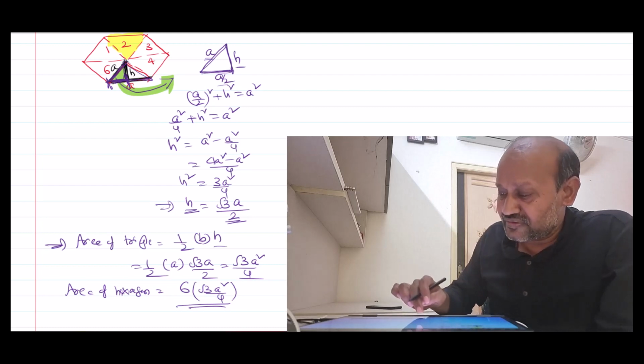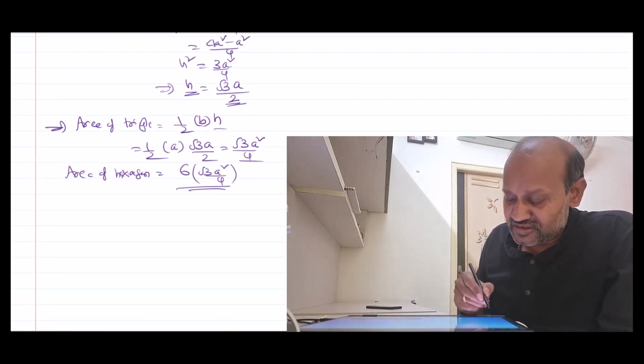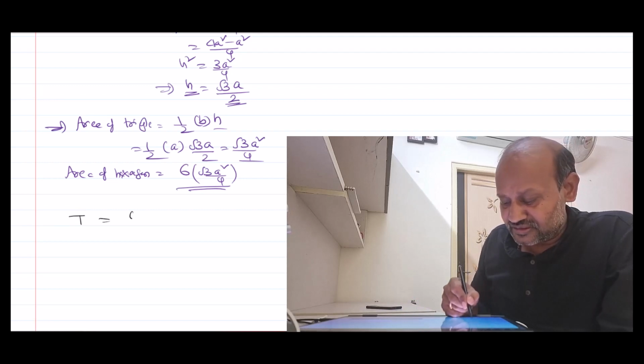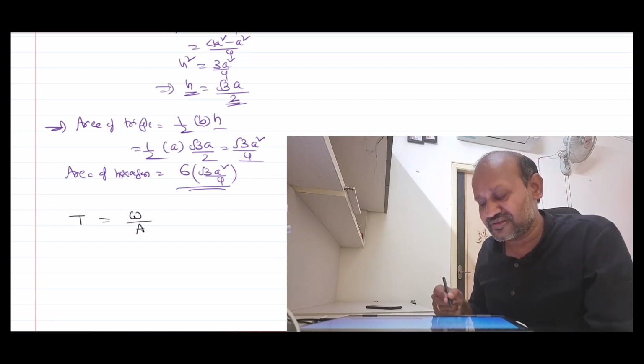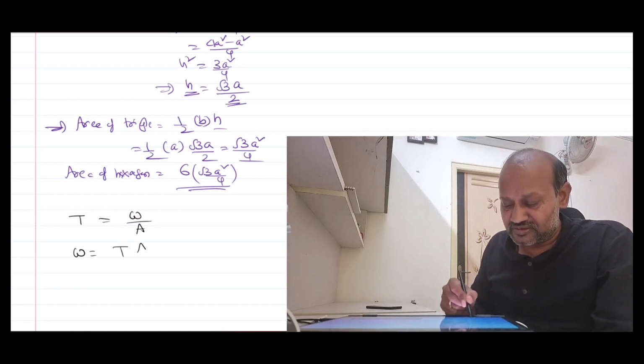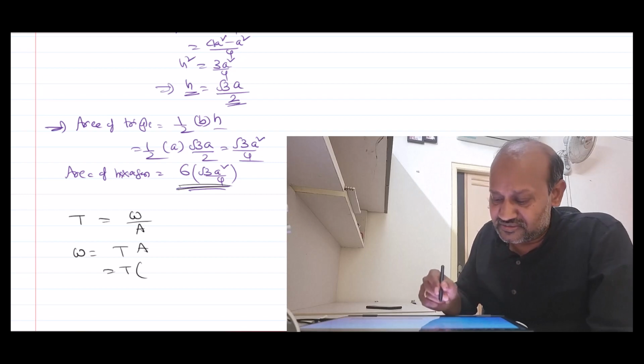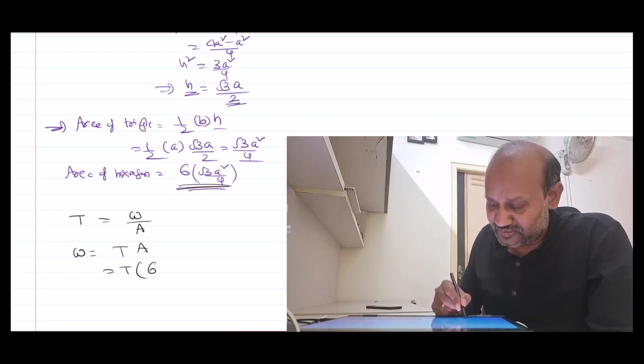I can use the very core definition of surface tension. What's the definition of surface tension? Work done by change in area, that is the area of the hexagon, because we have assumed initial area equal to 0. So work done equals T times the area of the hexagon, where T is the surface tension of the liquid, assumed to be given. The area of that hexagon we have found as 6 root 3 A square by 4.